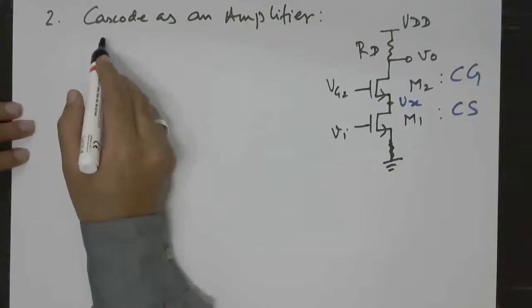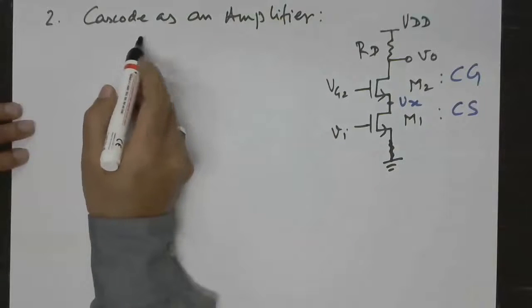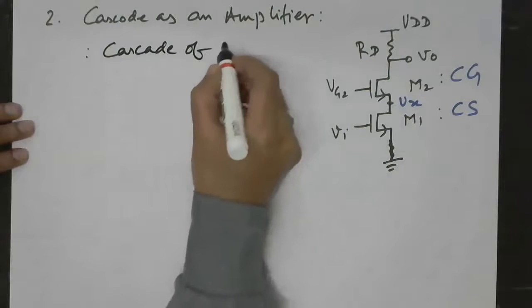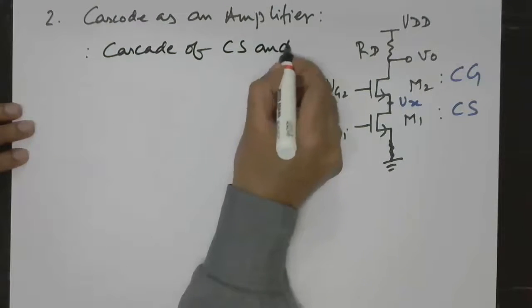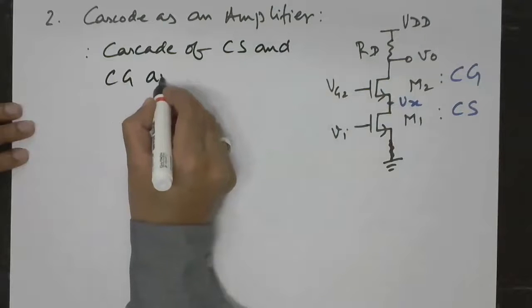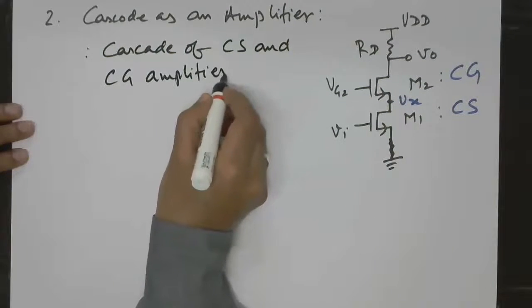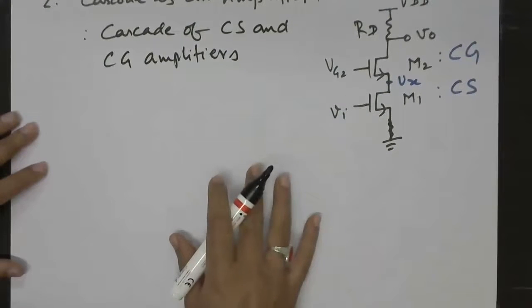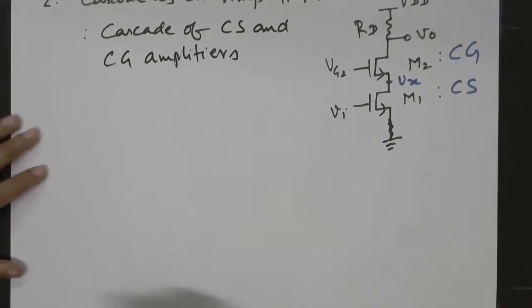So in this interpretation, this cascode is a cascade of common source and common gate amplifiers, right? So we will now try to find what is the voltage gain, and what is the input impedance, what is the output impedance for this configuration.